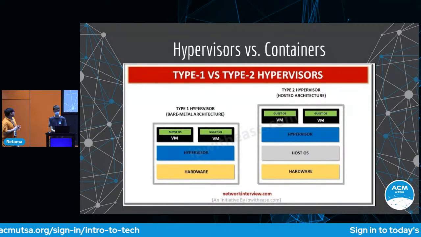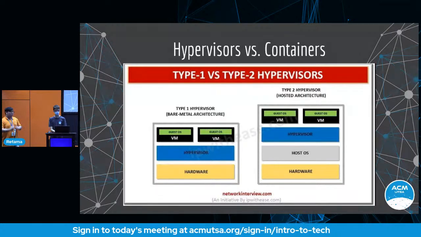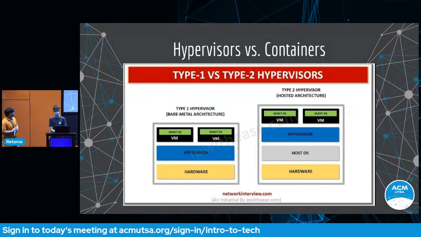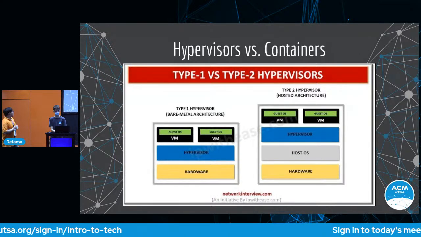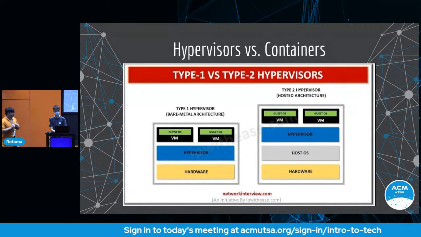Like I previously mentioned, type 1 is when you're actually using bare metal. Type 2 is when you use a virtualization platform such as your hypervisor to load another operating system on your system, such as Ubuntu, Kali Linux, and things like that, using the hardware resources on your system. So that's the difference between type 1 and type 2 hypervisors.